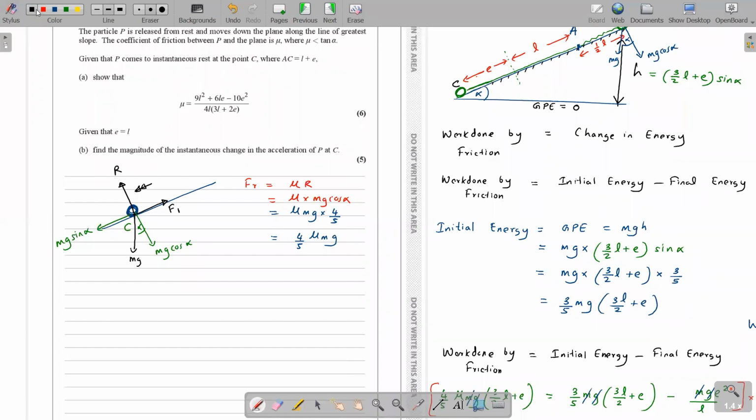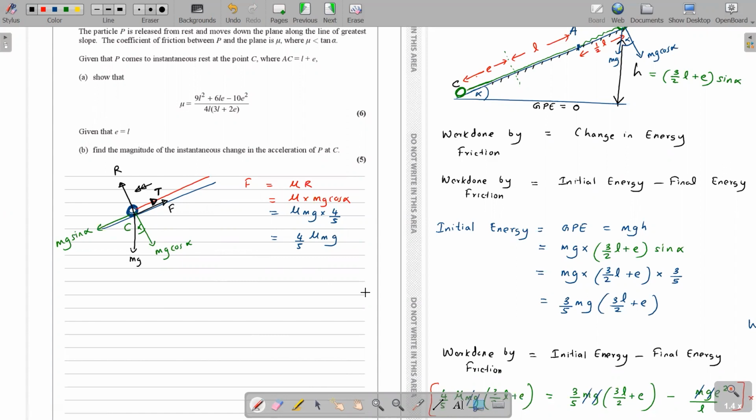Also, we can't forget that the particle is attached to the elastic string, so you definitely have the tension in the string, acting up. I don't need to use F1 here, because we simply have the maximum friction, 4 over 5 mu mg.